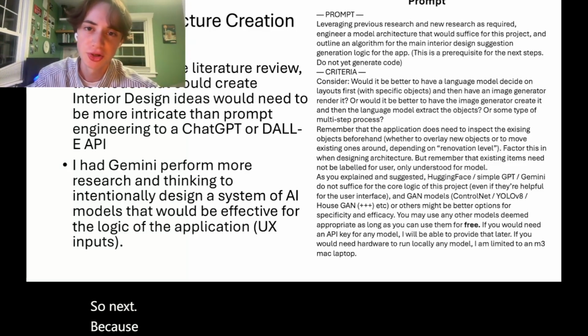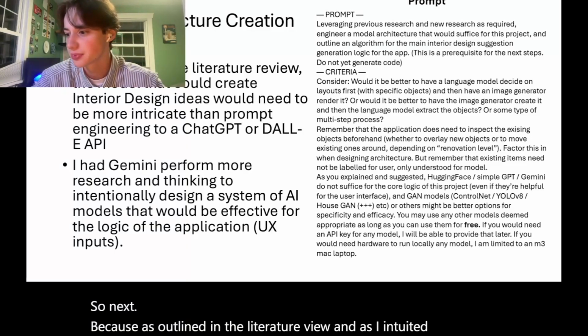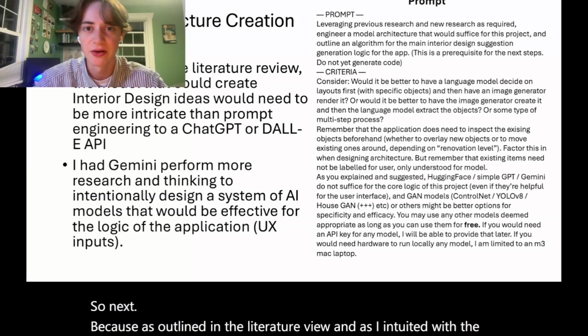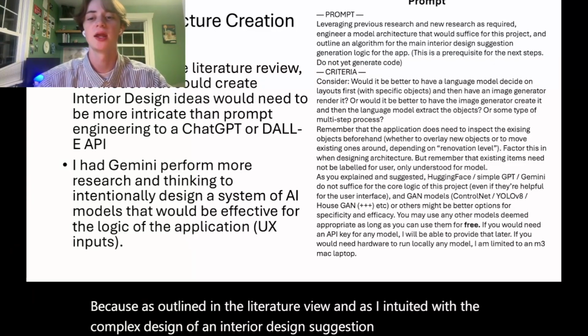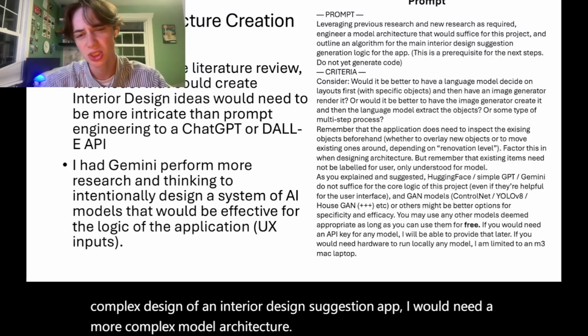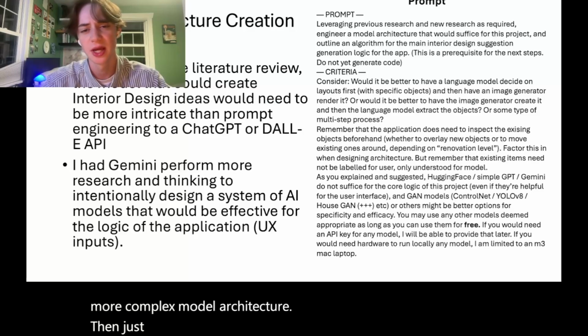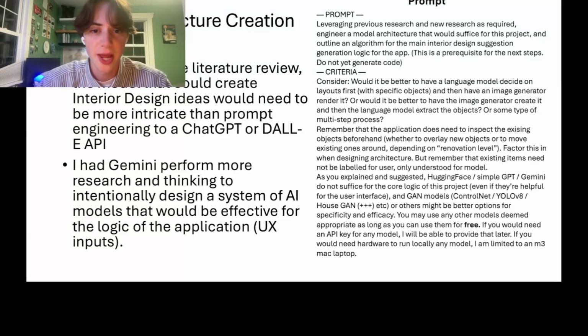So next, as outlined in the literature review and as I intuited with the complex design of an interior design suggestion app, I would need a more complex model architecture than just OpenAI, ChatGPT, or the Gemini model.